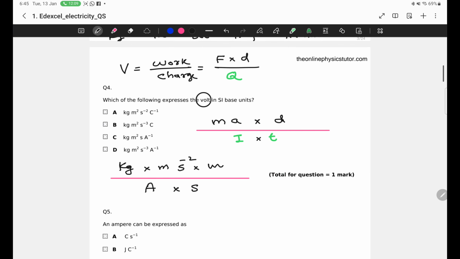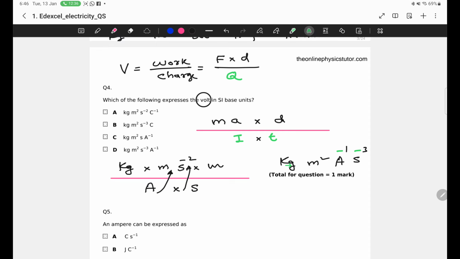If you simplify, it becomes kg meter square, ampere minus 1. If you shift this ampere to the numerator, second becomes second minus 3. Usually we do not read minus, we read per.